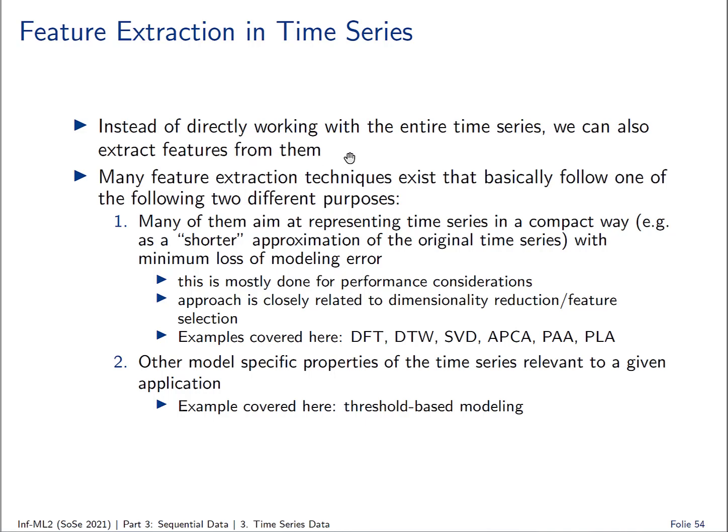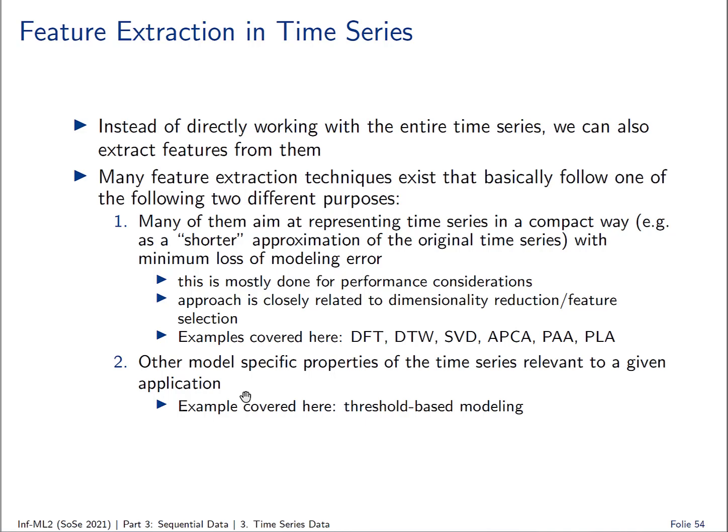Instead of directly working with the raw data or the preprocessed data, we can extract features, and one of the two methods is to have a more compact representation, and there are a lot of things that you can use for getting better or more compact representations, which is closely related to dimensionality reduction, feature selection.